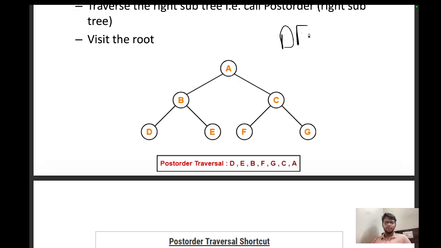D, E, B was correct, but the root node has to be at the last place of the tree. So it has to be D, E, B, F, G, C, A. So you have to make this D, E, B, F, G, C, A.